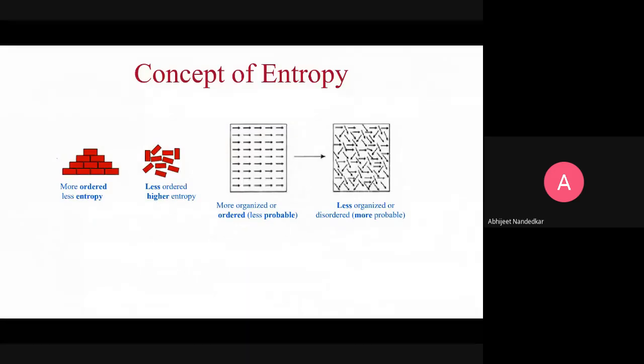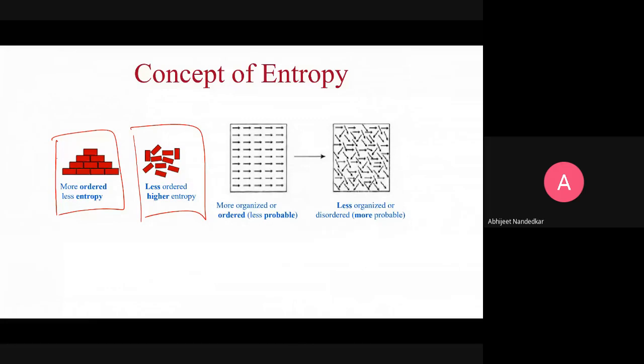Now you may know this concept of entropy. Whenever you have a more ordered set, then you have less entropy. When you have more random things, then you have more entropy. Less uncertainty, less entropy.